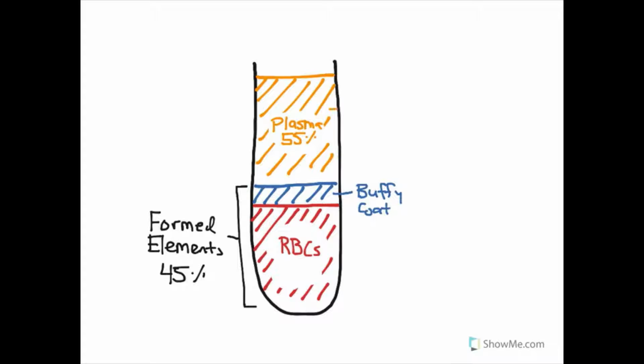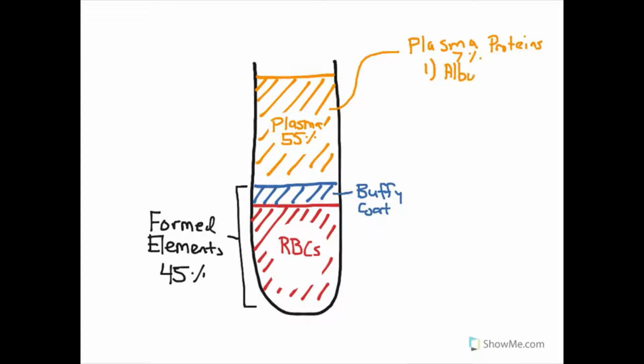If I were to take plasma and study its composition, the first thing we're going to talk about is plasma proteins. I am not going to go into every plasma protein in existence, but these plasma proteins are about 7% of plasma's composition. In them, you're going to find albumin.